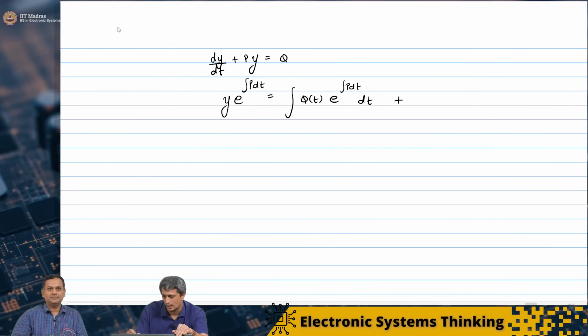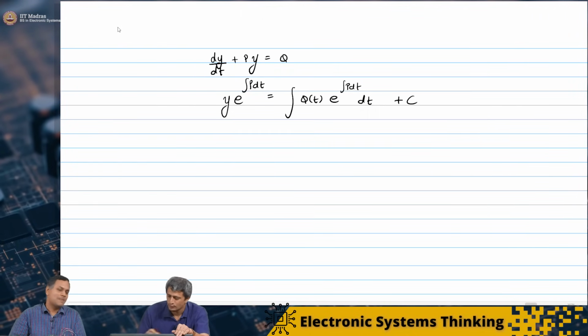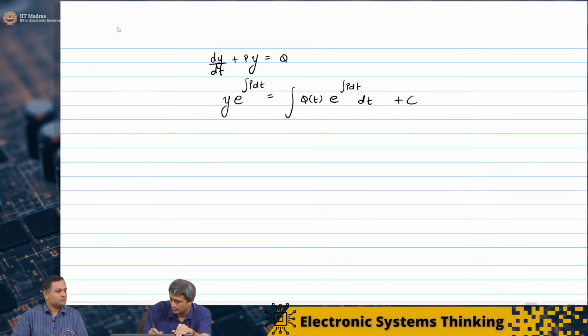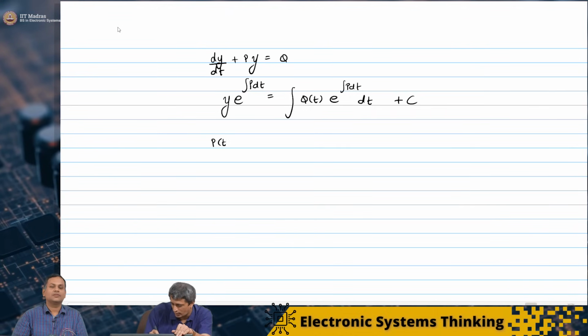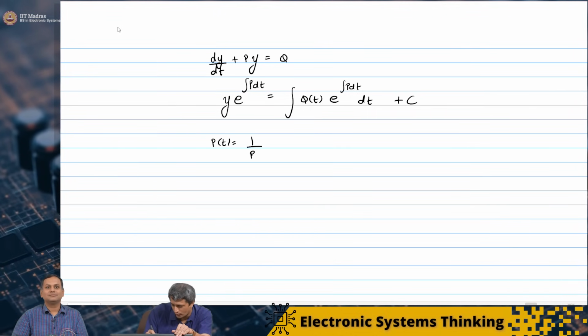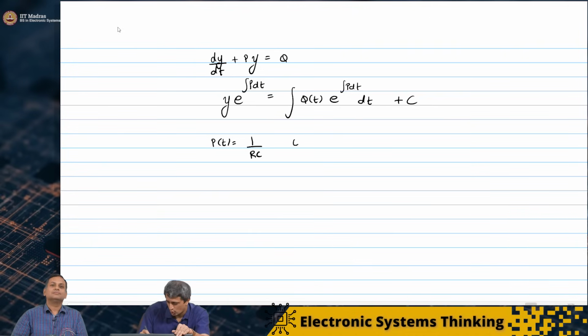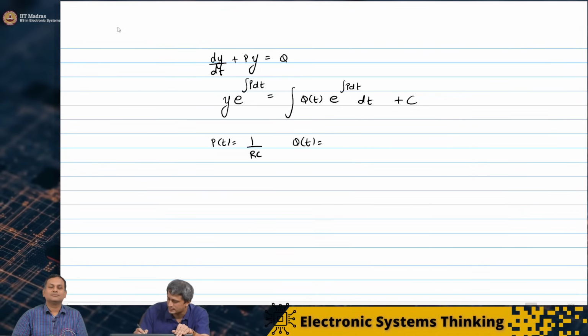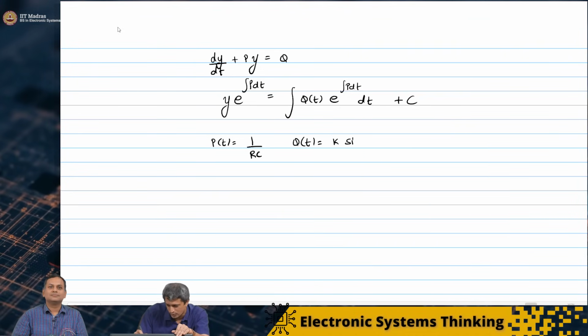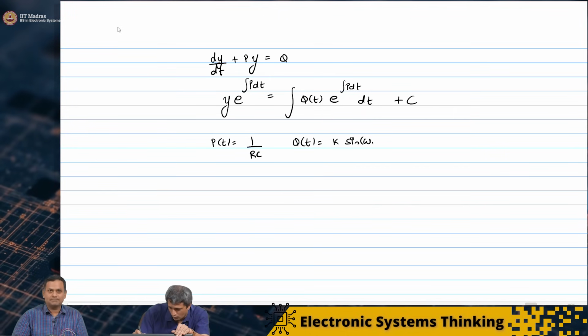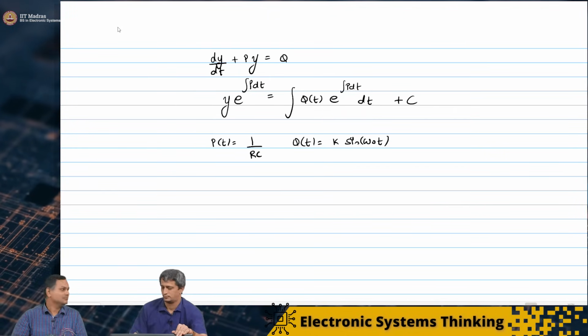We have exactly the same situation here. P of t happens to be 1 over RC. Q of t in this case happens to be some k times sine omega naught t.